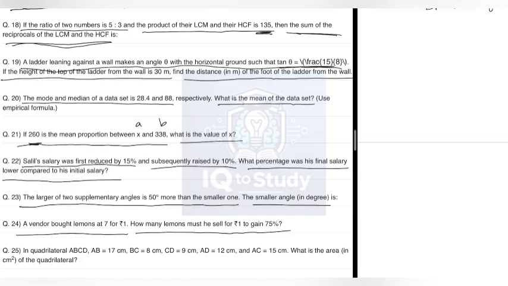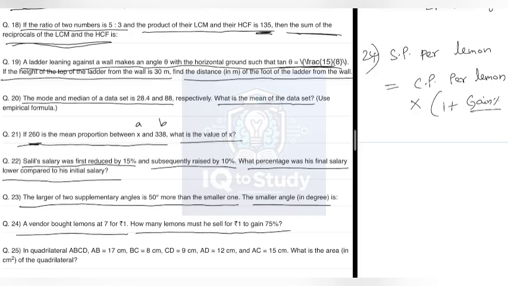Let's calculate the selling price per lemon first. Selling price per lemon is equal to cost price per lemon into 1 plus gain percent by 100.